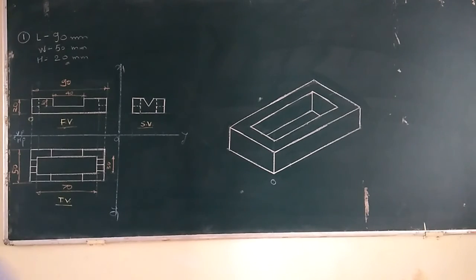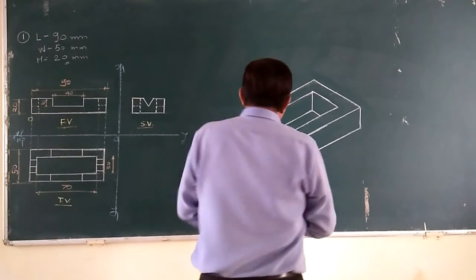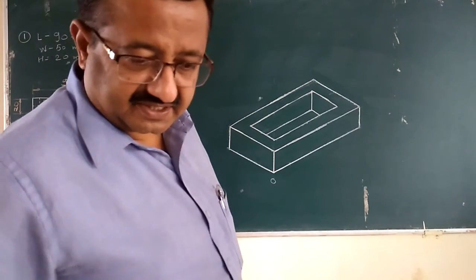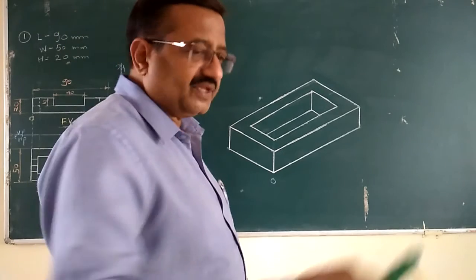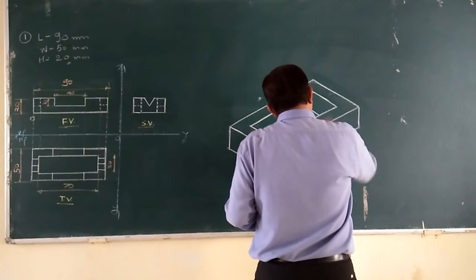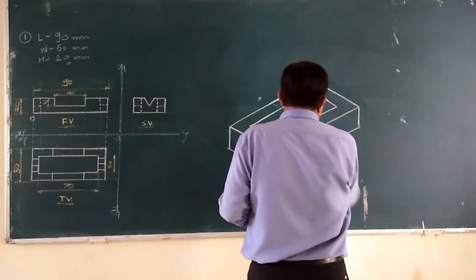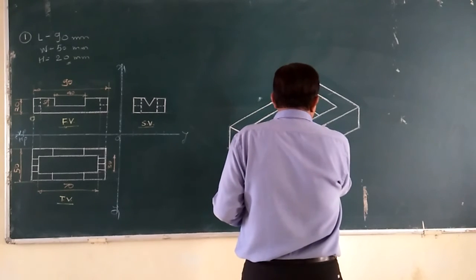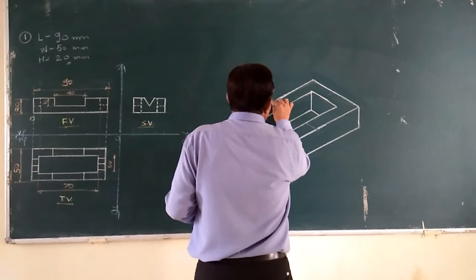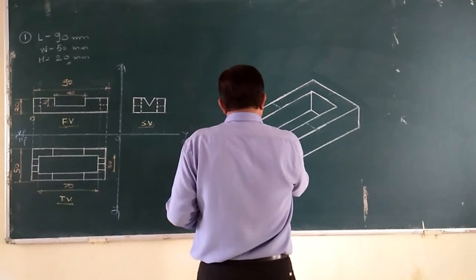Now we will start with this wall and this one. Again, just locate the center on the top surface. It is needed again; I have erased it. Once again mark the center lines on the top surface. Take center lines here, and here also.